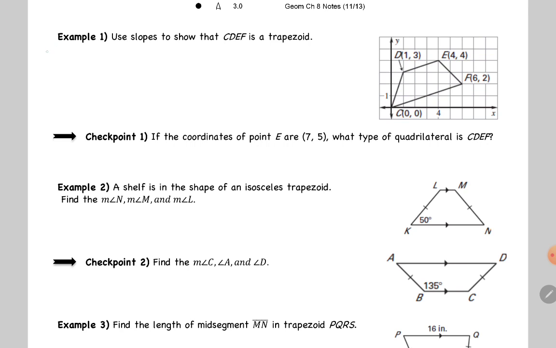So remember, slope formula is rise over run, which is the difference in y's, y2 minus y1, over the difference in our x-coordinates, x2 minus x1. So we're going to look at the slope of DE.